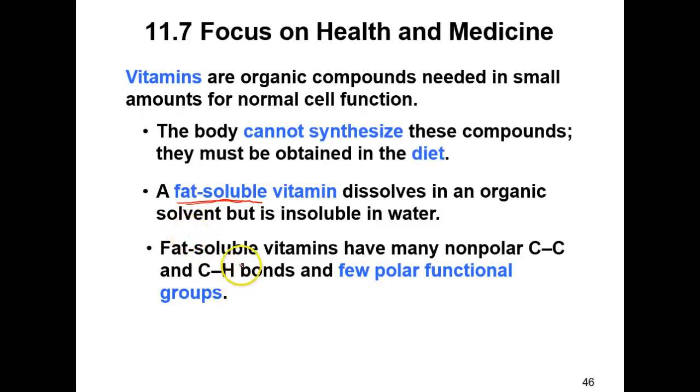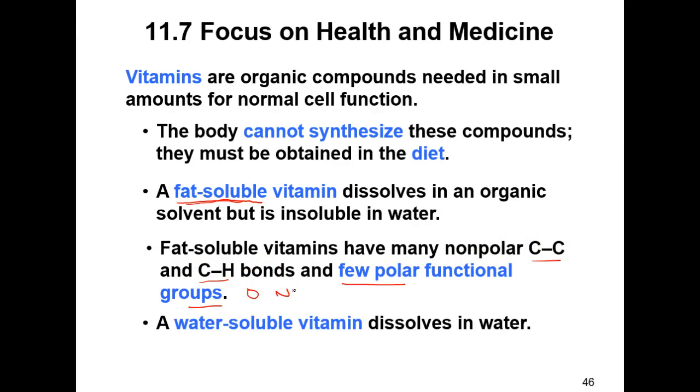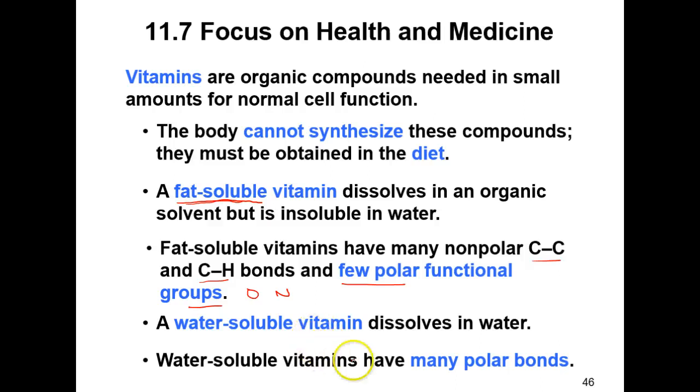Fat soluble vitamins have many non-polar carbon-carbon and carbon-hydrogen groups and very few polar functional groups. Remember, the polar groups are the ones with oxygens and nitrogens on them. Water-soluble vitamins dissolve in water. A perfect one is vitamin C. We'll see the structure of vitamin C. There's lots of OH groups on it. There are many polar bonds, so you have many oxygens. Remember, there's an oxygen for every 4 carbons at least.